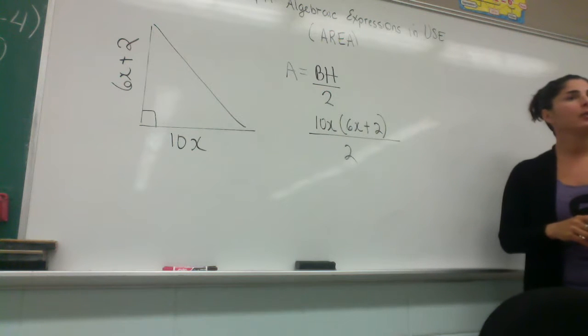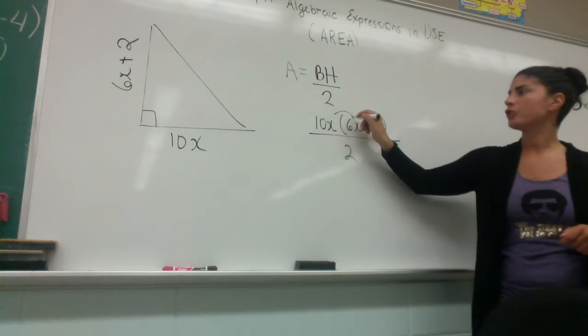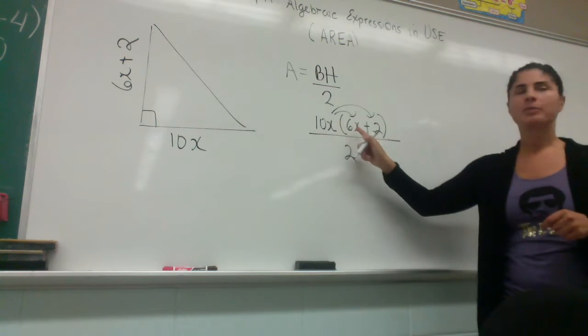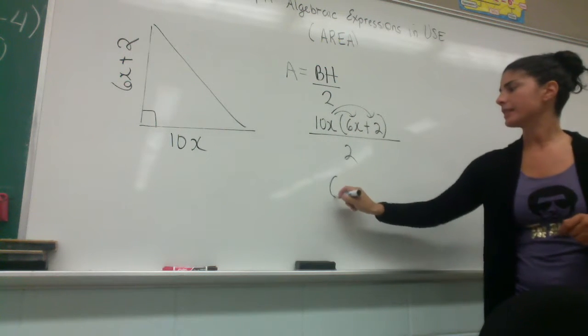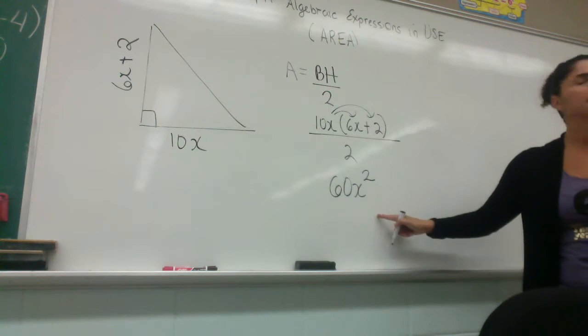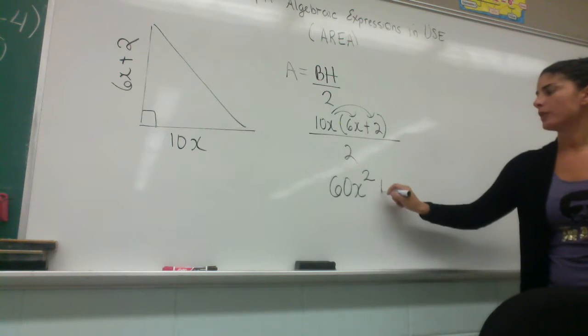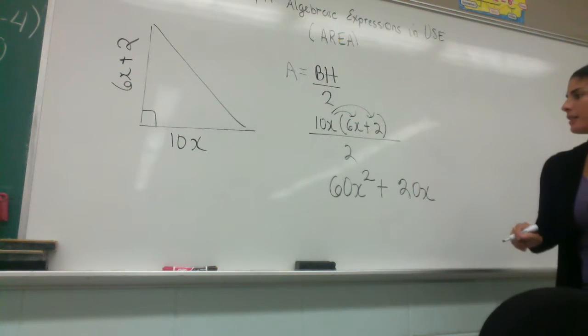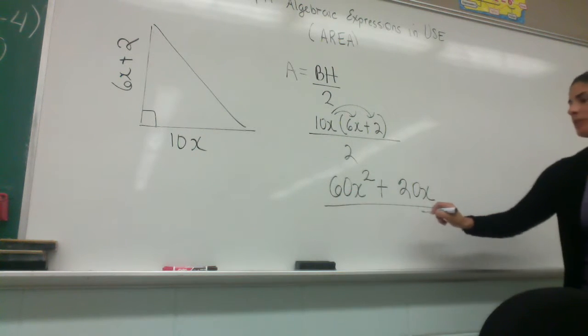So the first thing I would do if I were you would be to distribute my 10x at the top. 10 times 6 is 60x squared. You got that? 10x times 2 is plus 20x. And then I would divide all this by 2.